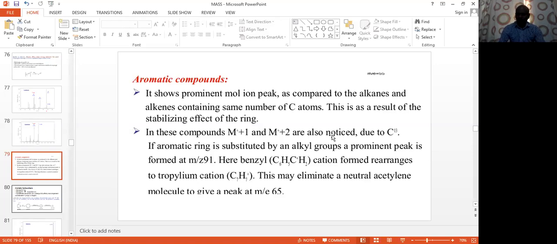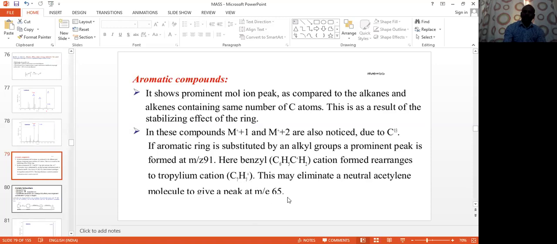This is a very prominent peak, and then this benzyl cation rearranges. We have discussed that in the scrambling rearrangement, how the tropylium ion is formed. This tropylium ion further undergoes fragmentation, and acetylene is removed as a neutral molecule, and the remaining fragment appears at M by Z value 65.